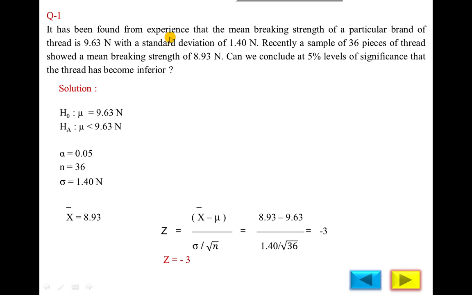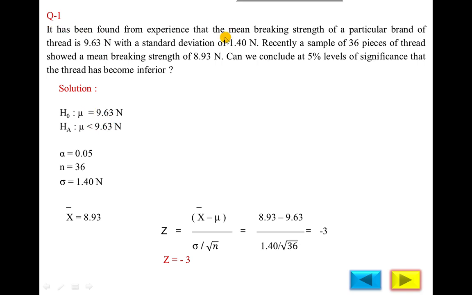So this is sigma and this is mu. We write the value of mu in the null hypothesis. This indicates surety, and surety indicates the null hypothesis. Mu is equal to mu naught, which is 9.63. The values of null and alternate are the same, but the notation is different.